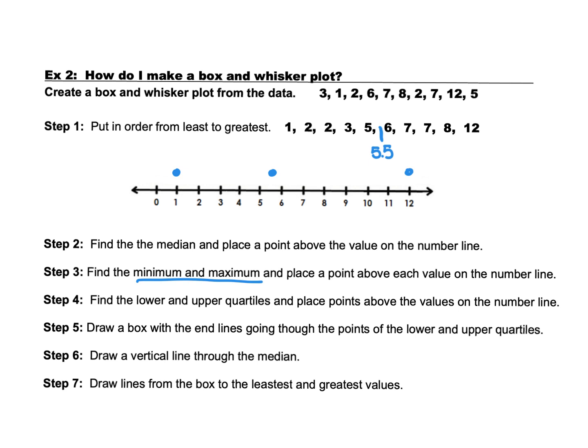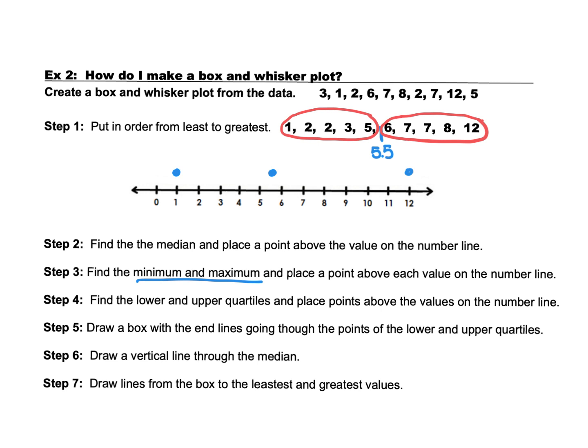All right, step number 4 is to find the lower and upper quartiles and place points above those on the number line. Remember that we had said that the lower quartile is the lower half of the data and that the upper quartile is the upper half of the data. And then we also said that the lower quartile is the median number of just the lower half.